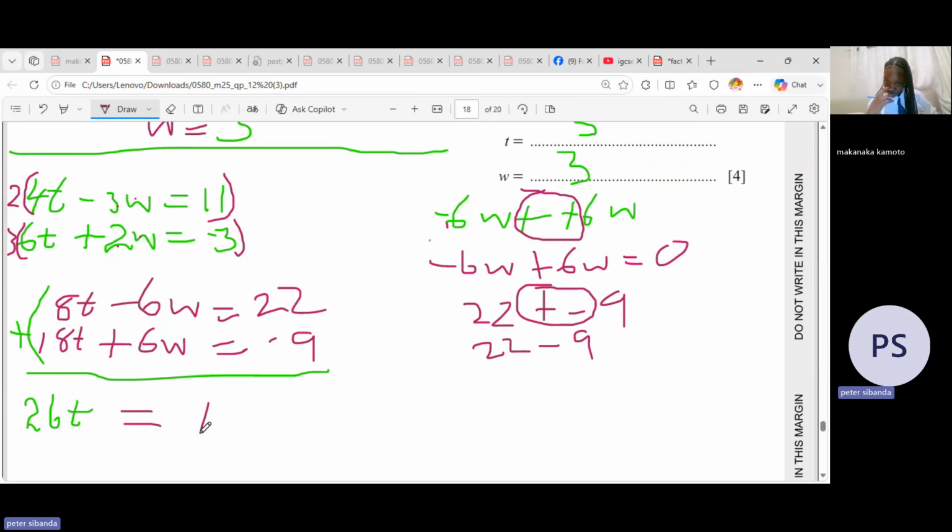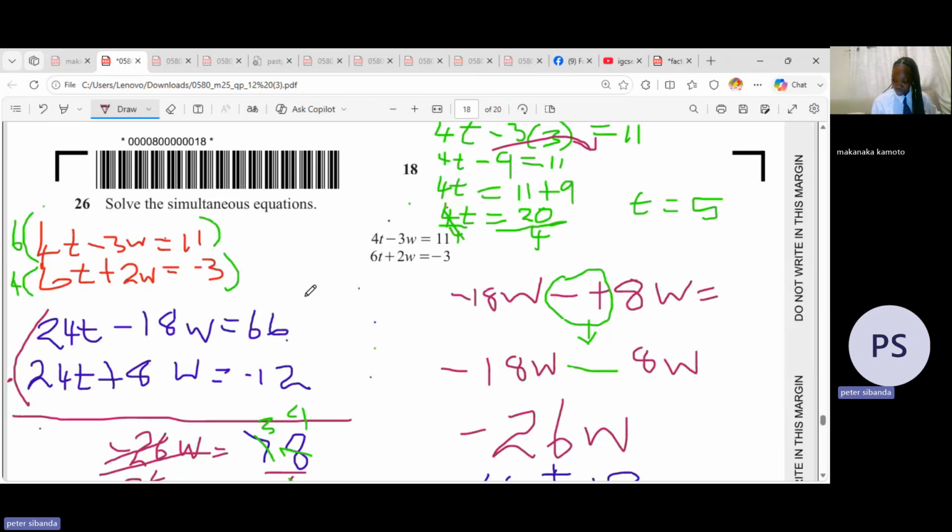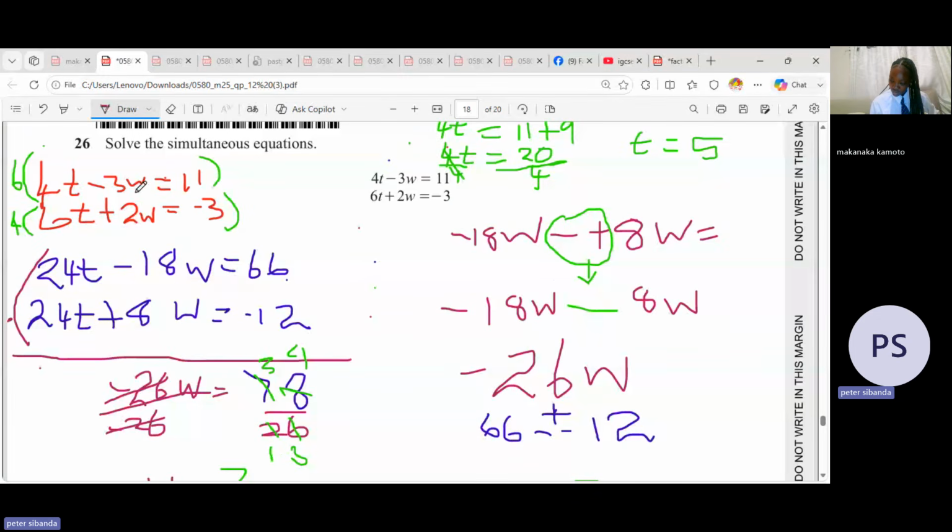What happened here? 4t minus 3w equals to 11. 6t plus 2w equals to 3. We multiply this one by 6. That was fine. This was okay. 66 was fine. 24t here is still fine. 18w still fine.